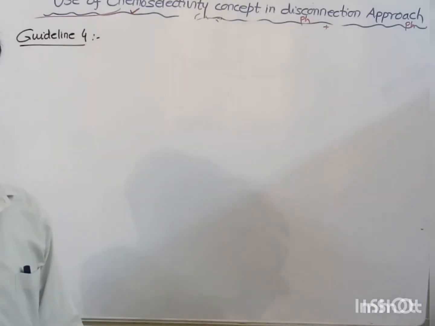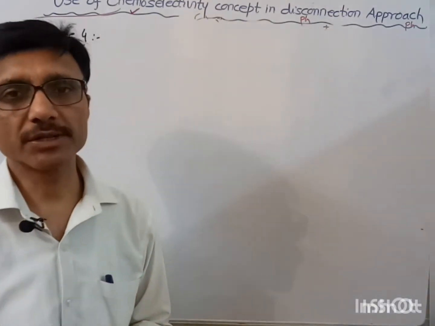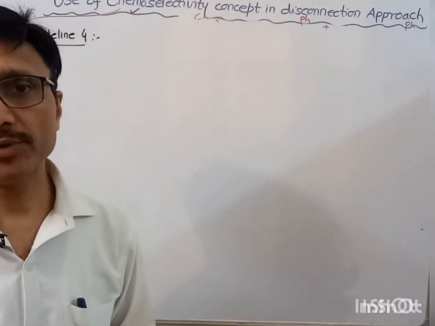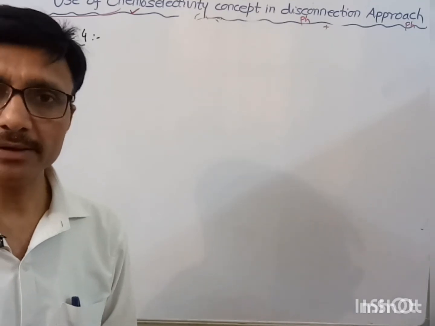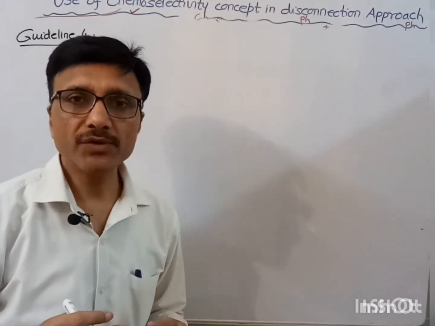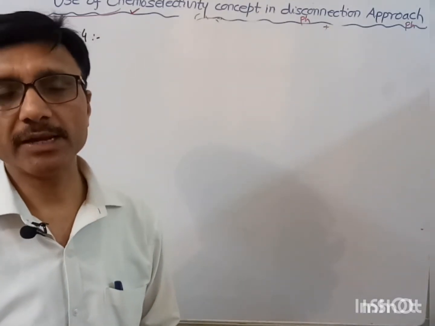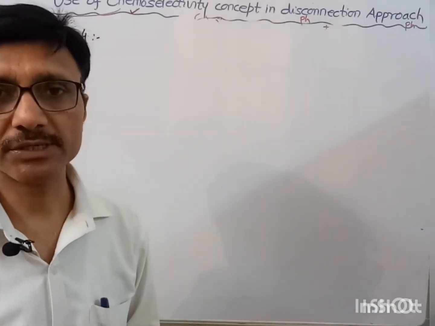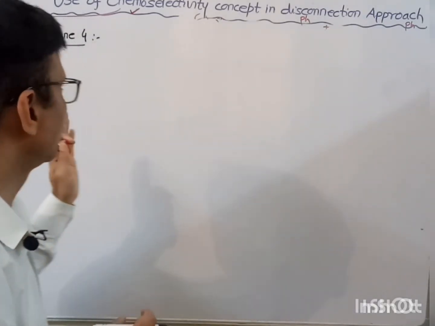So according to this guideline, if two identical functional groups are there, and if we want to react only one of them, then we can take only one equivalent of reagent in place of two equivalents of reagent. So let's understand with the help of an example.